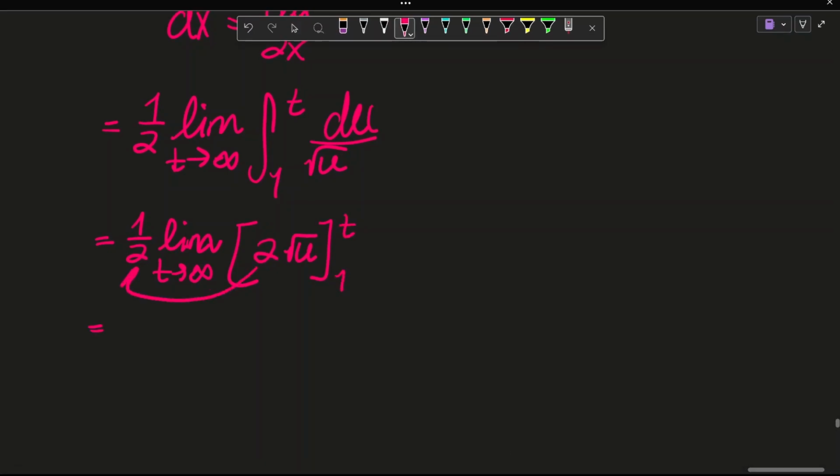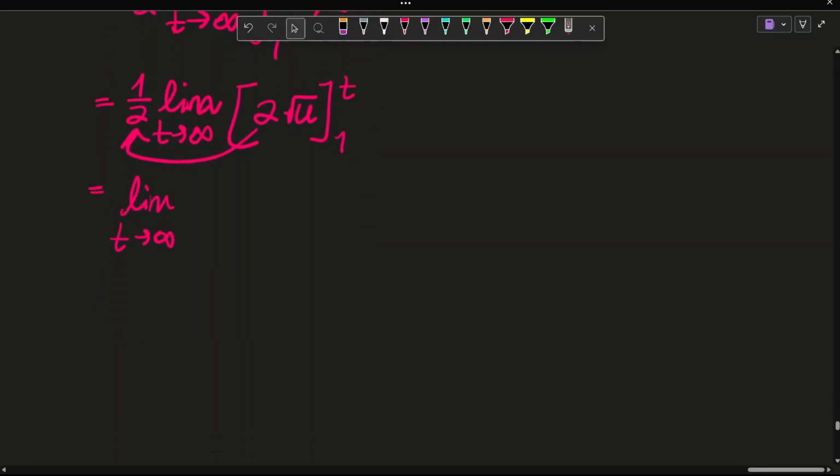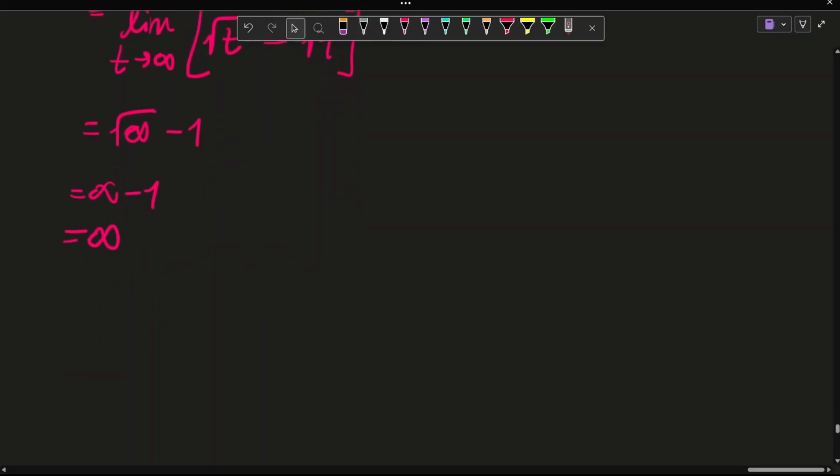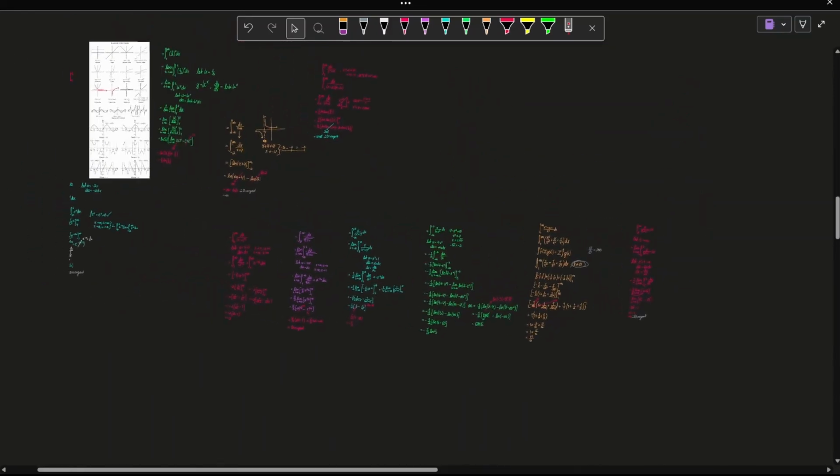So we could take out the 2, which cancels out the 1/2, and we get the limit as t approaches infinity of root t minus root 1, which becomes the root of infinity minus 1, which is infinity minus 1, which is infinity, thus divergent. Amazing.